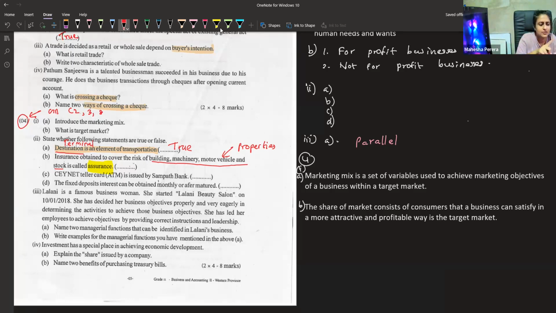So what should come here is property insurance. Now what is assurance? Remember, assurance means life insurance. So if this said life insurance it would be wrong. This has to be property insurance, not assurance. If you are to correct this, you had to write property insurance instead of assurance.